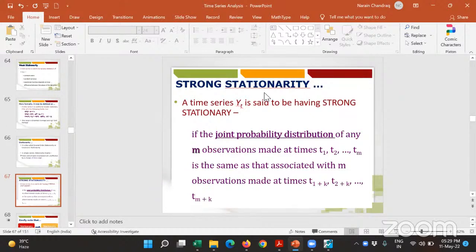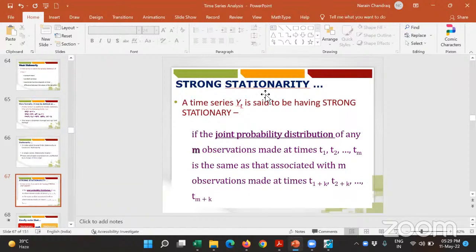So the first data point is coming from rolling of a dice, the second is also coming from rolling of a dice, the third is also coming from the rolling of a dice, and so on. All data is coming from the same random experiment, which is the rolling of the dice itself. So their means are the same, their variances are the same, their covariances are the same, their skewness is the same, their kurtosis is the same, everything exactly is the same itself.